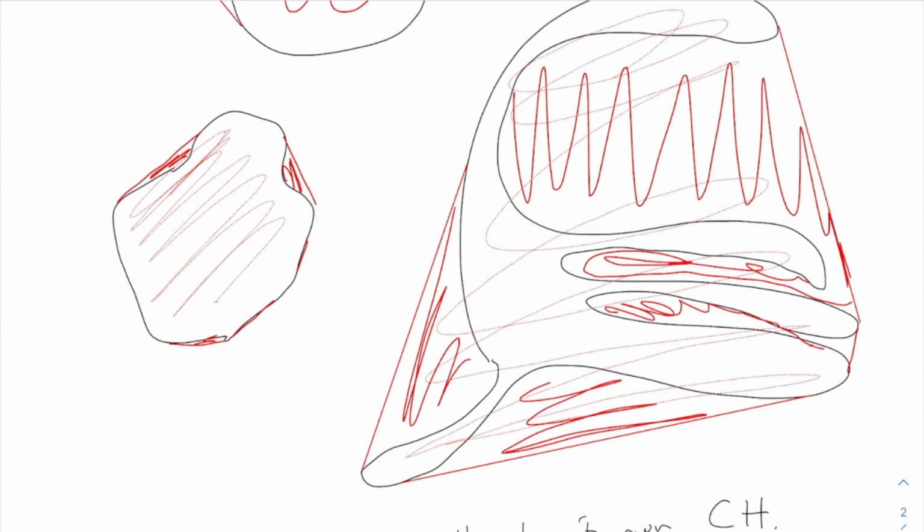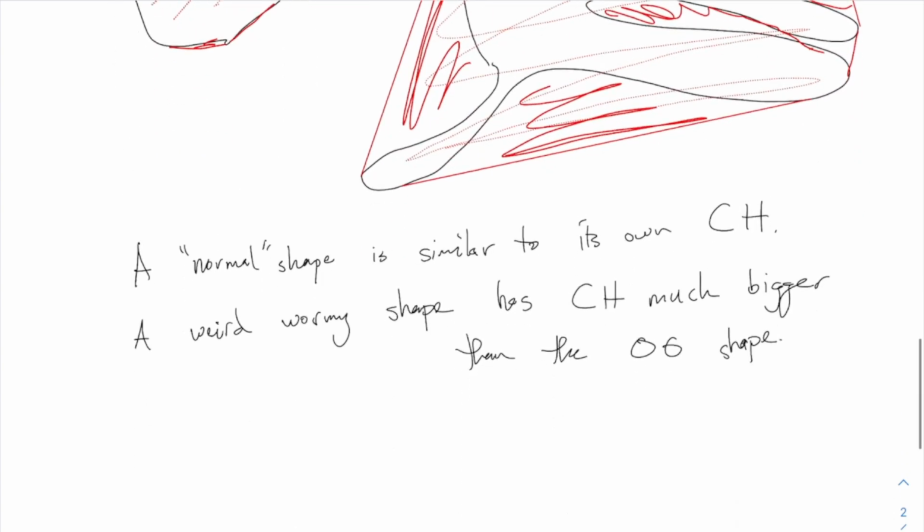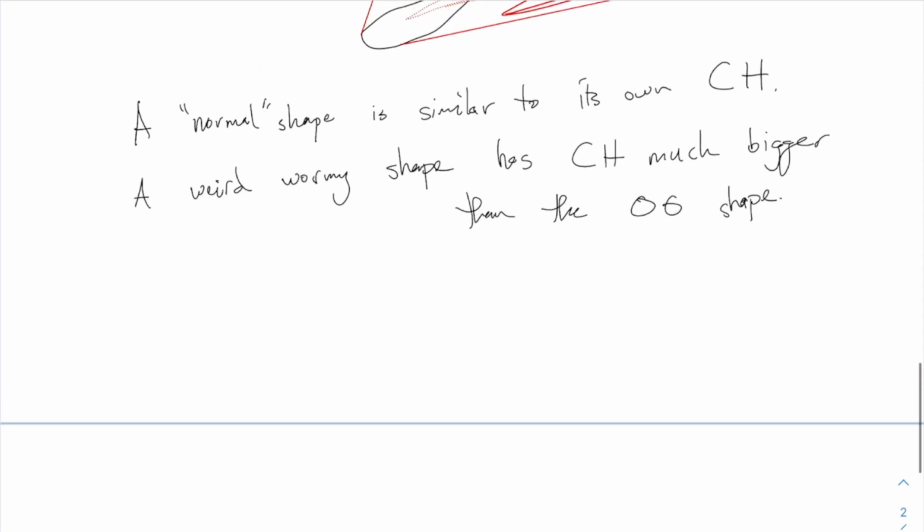All right. So here, by area, certainly this convex hull is very large, even though what we started with by area was not all that large to begin with. All right. So a normal shape is similar to its own convex hull, but a weird wormy shape has a convex hull much bigger than the original shape. This says OG shape. What I mean by bigger is by area, right?